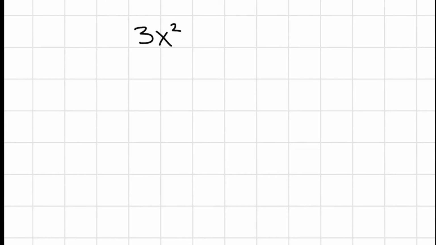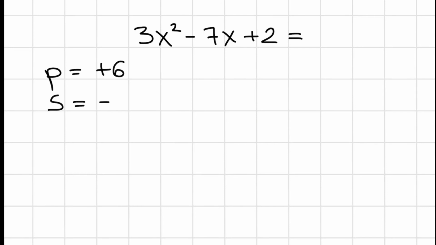Suppose you have 3x squared minus 7x plus 2. Your product is plus 6 and your sum is minus 7. Which two numbers multiplied and added together would give you these numbers? These numbers are minus 6 and minus 1.